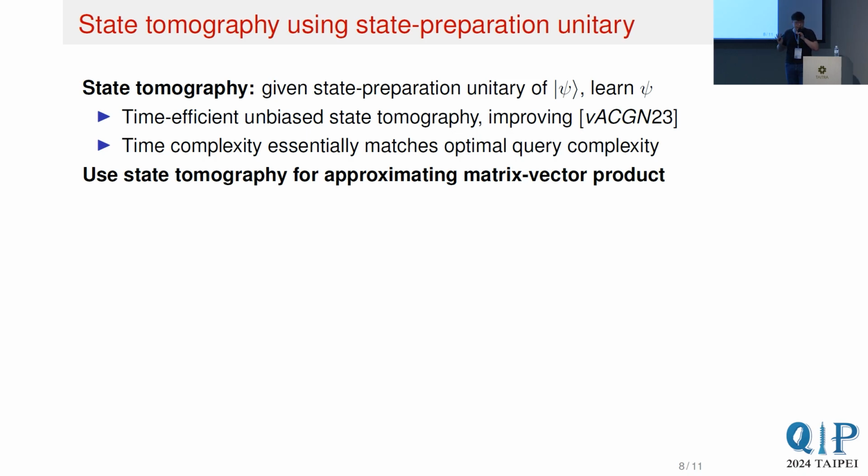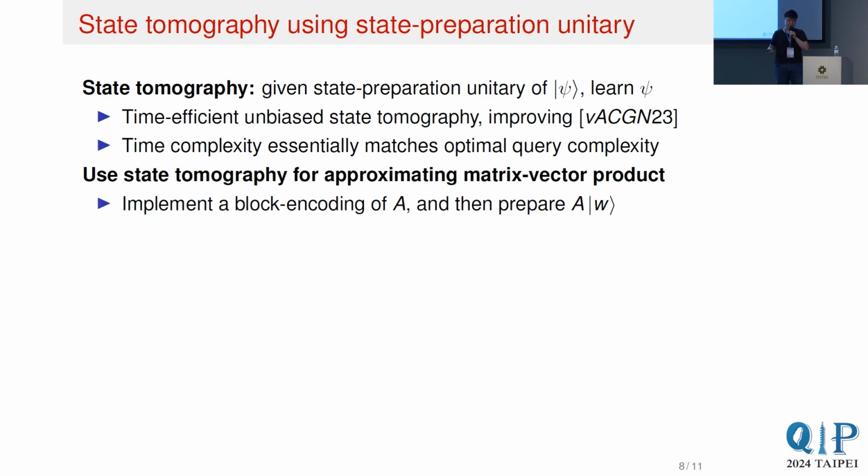And let's see how we can use these tomography tricks to have a good approximate matrix vector product. So first of all, we implement a block encoding of A and then apply this to the quantum state.